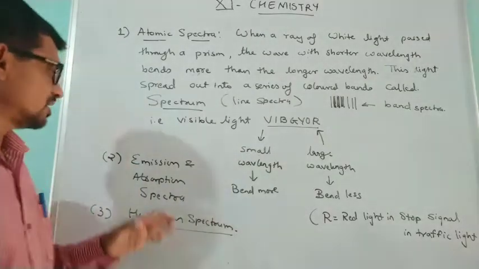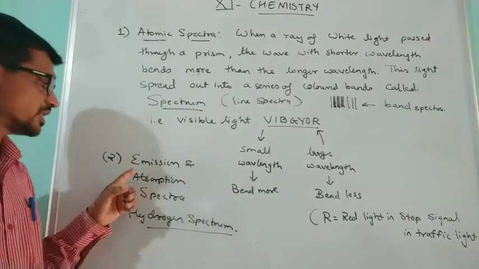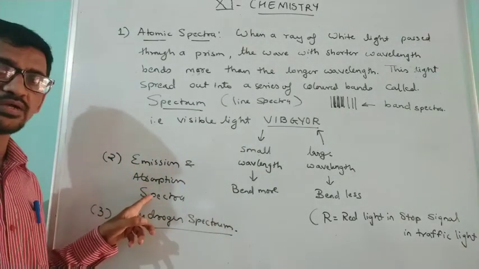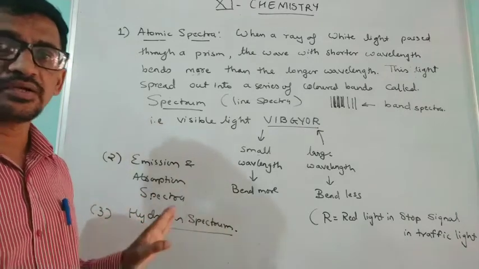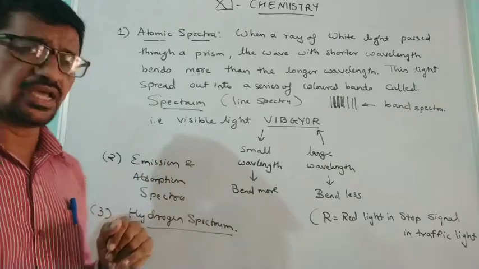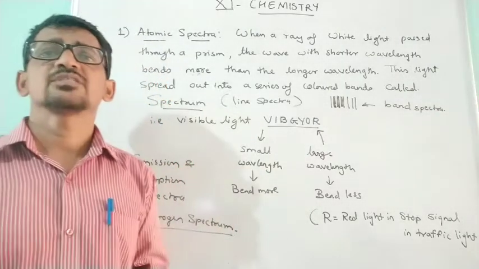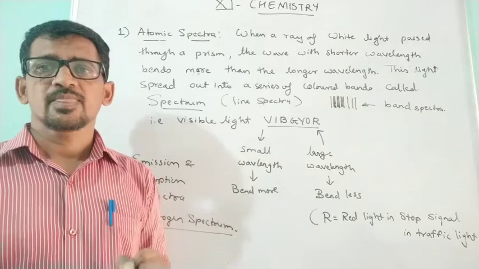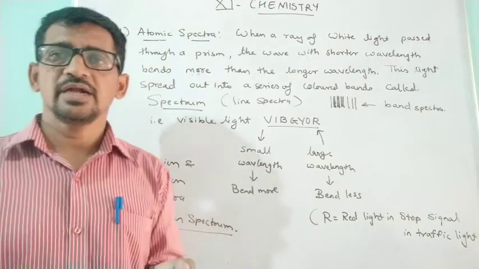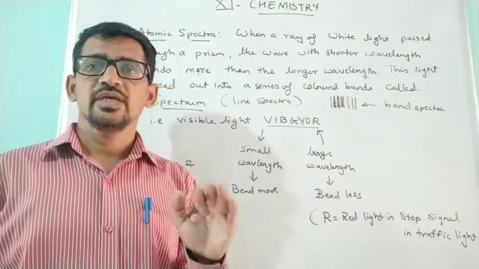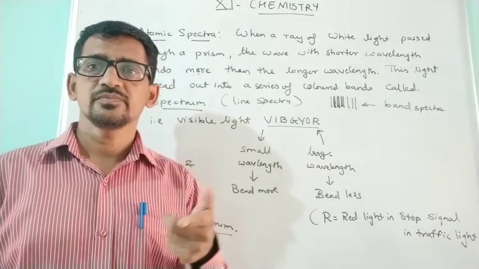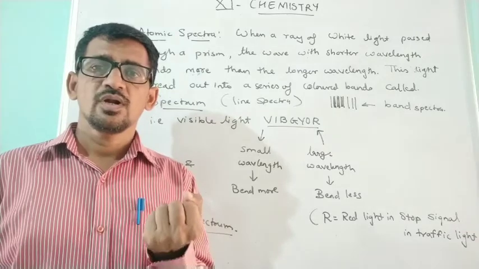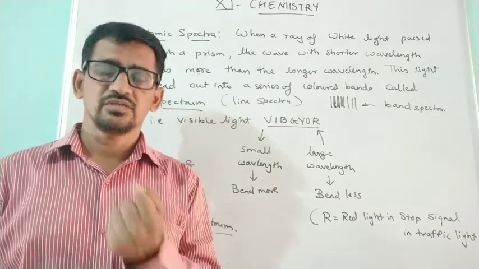Okay. Second thing that we discuss today is emission and absorption spectra. And third, last one, we discuss hydrogen spectra. When light falls on a particular atom or electron, it absorbs energy from the light and tries to rotate. So it absorbs light of particular frequency.